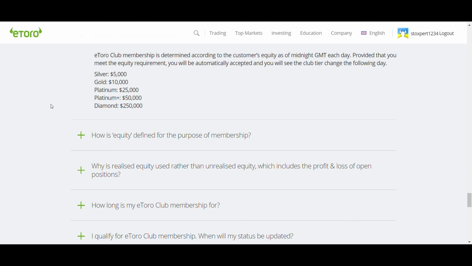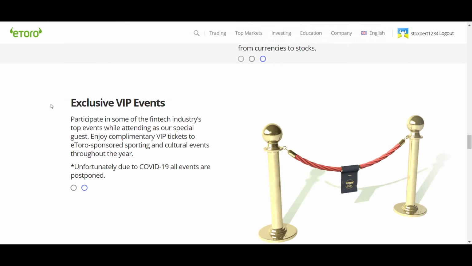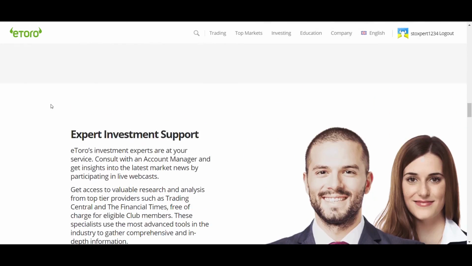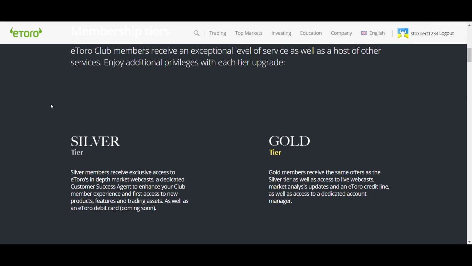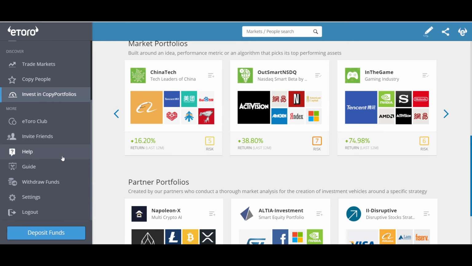In eToro Club, you can have access to different tools and instruments to do good research on stocks and other services. You can just get information here. Also inviting friends, getting help with frequently asked questions and all types of questions.